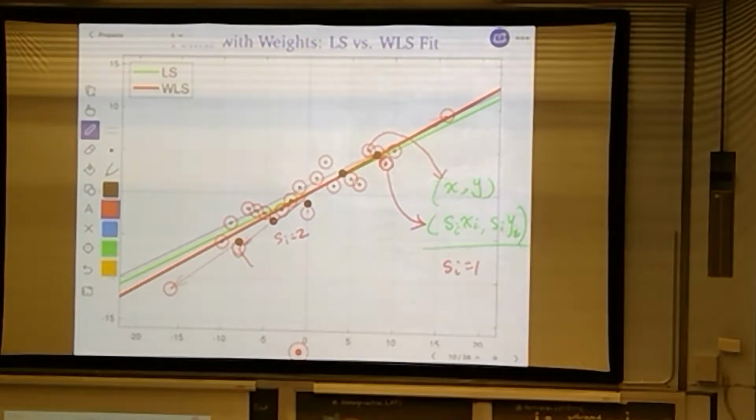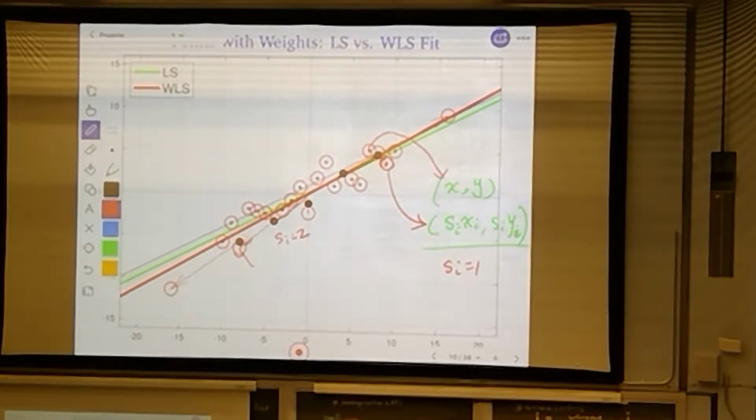And you can see that the green line is the fit from the black points. It's a least square solution, ignoring the weights. The red line is the weighted least square solution. They are not the same. When you change your criteria, the solution is no longer the same. Okay?